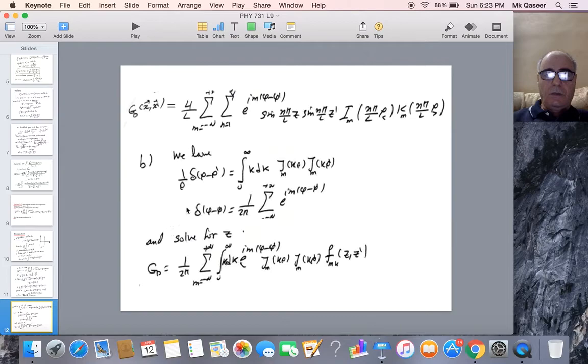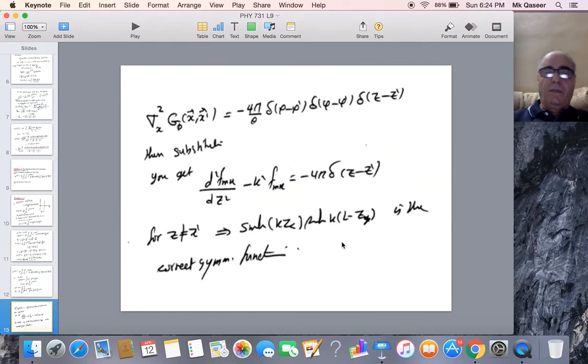We use again the same expression for δ(φ − φ'), and then G_D takes this form as we did in part A, but now instead of g we write f, which depends on two indices m and k. Now f is a function of z and z'.